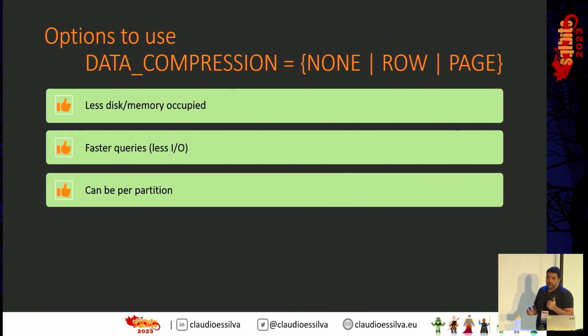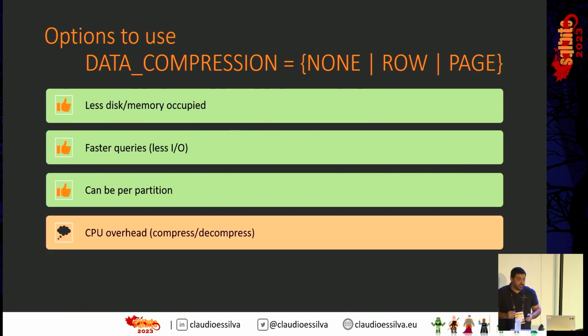Also, be aware, if you use partitioning, this can be applied per partition. Why I like to do this disclaimer: if you are running processes that are appending data to the end of the table, and the table is already partitioned, maybe you want to compress previous partitions, but keep the current one not compressed, because the compression can have CPU overhead, okay?